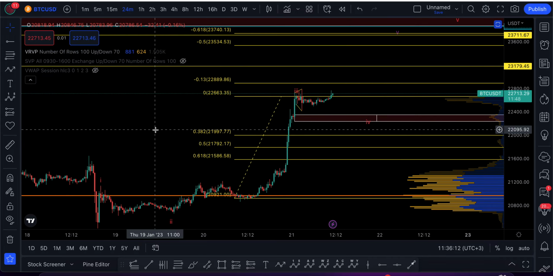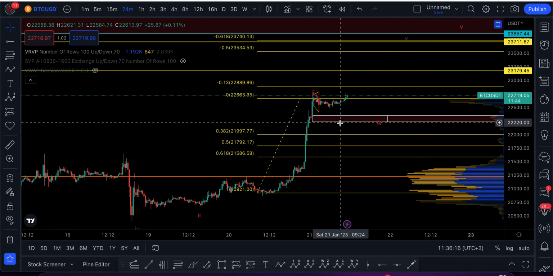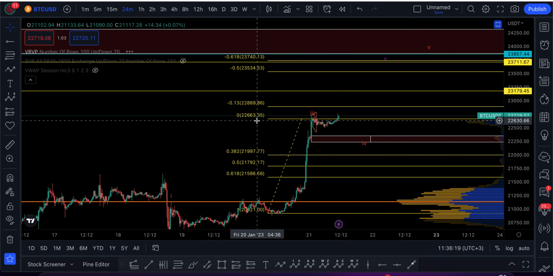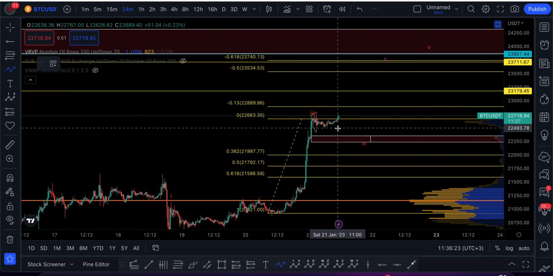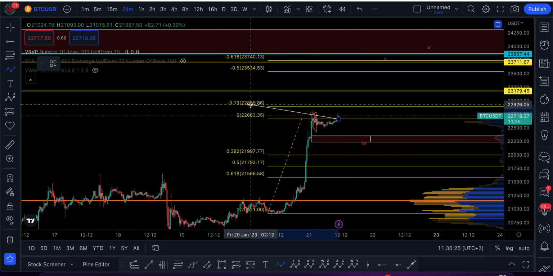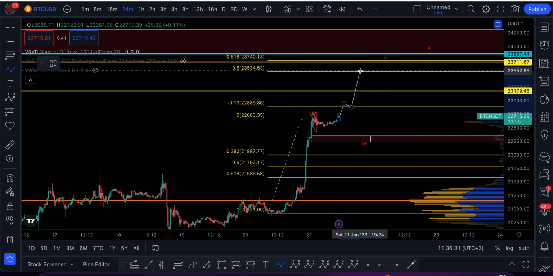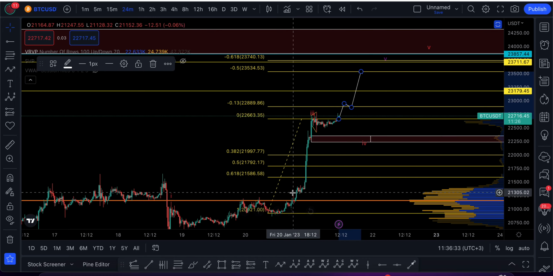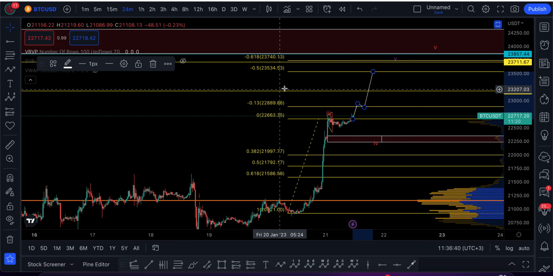So what do I want to see? All right, what I want to see for this move to happen, we need to see price break this 0.13, so 22,889 has to be broken, turn it into support, and our target for this recent move is likely to end at 23,500 and 23,740.